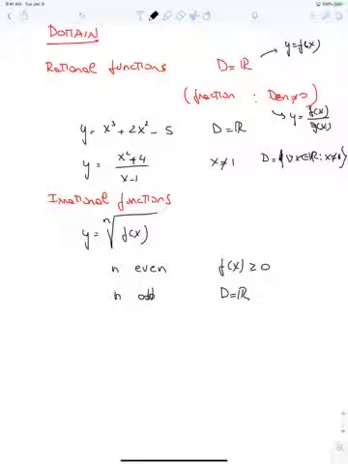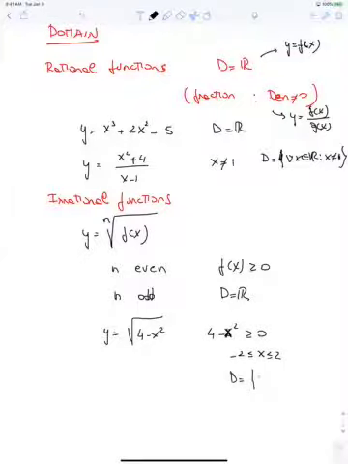So for example, if you have y equal square root of 4 minus x squared, then 4 minus x squared has to be greater than or equal to 0, which means that x has to be between minus 2 and 2.